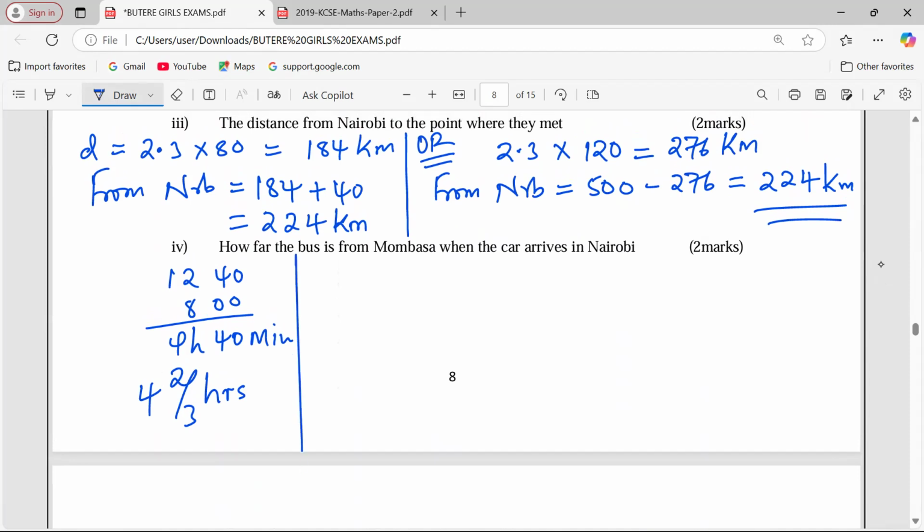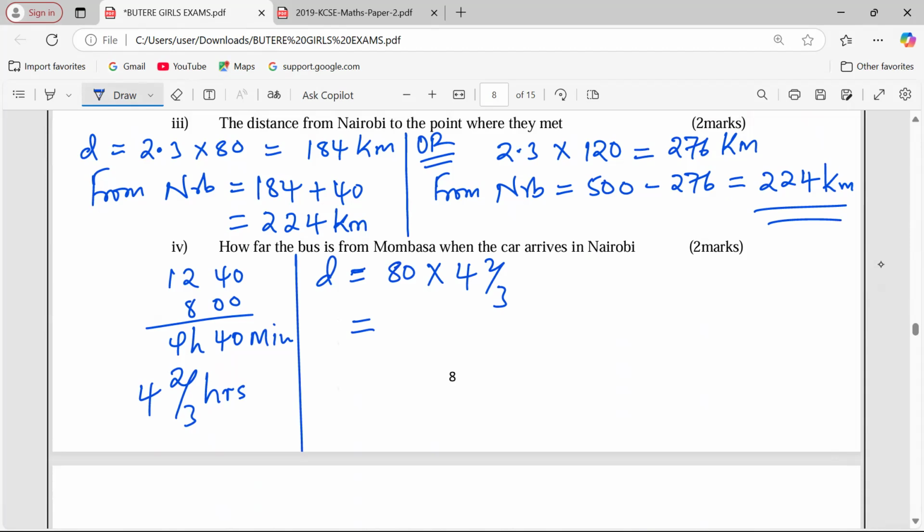Now, the distance can be calculated by its speed, 80, times the time it has been traveling. And we'll get the distance it has covered, from Nairobi. 80 multiplied by 4 and 2/3.